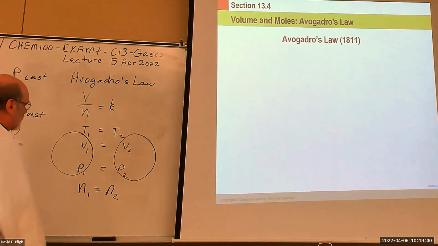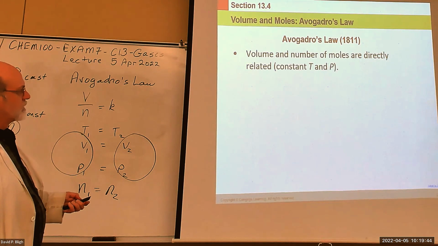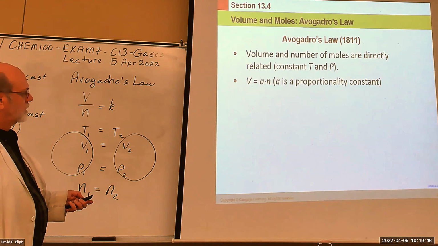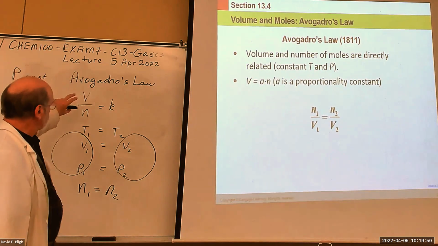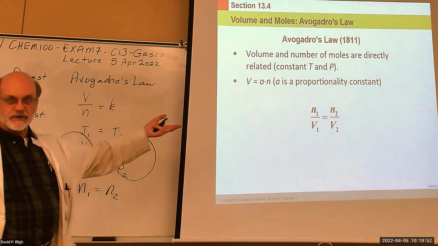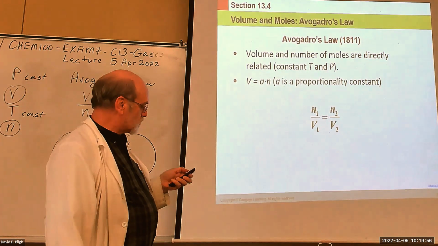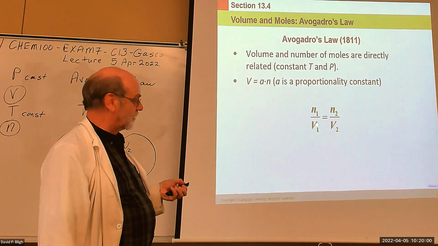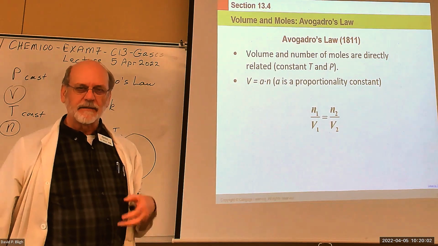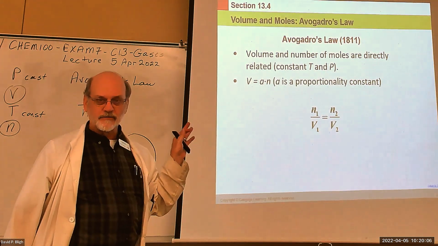In fact, let's get through this part. There we go. Now you can flip this over, which I've done here. And this is before and after. You change the number of moles, you change the volume. Now, this is actually an extremely important concept for chemistry.